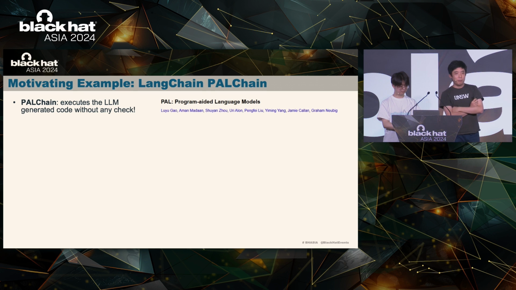So PAL is a program-aided language model. The key idea of PAL is to augment the large language model with the capability of generating and executing a piece of code. The idea is to augment the answer with the code execution result to allow the large language model to solve some problems that require programming.